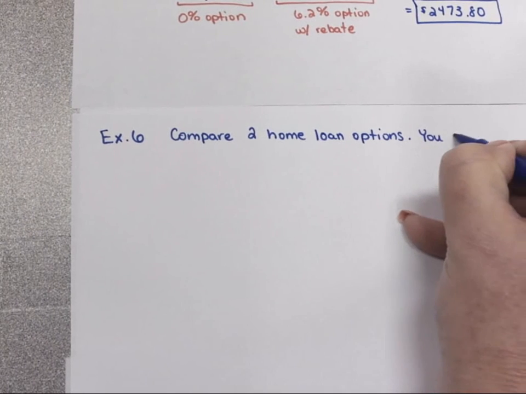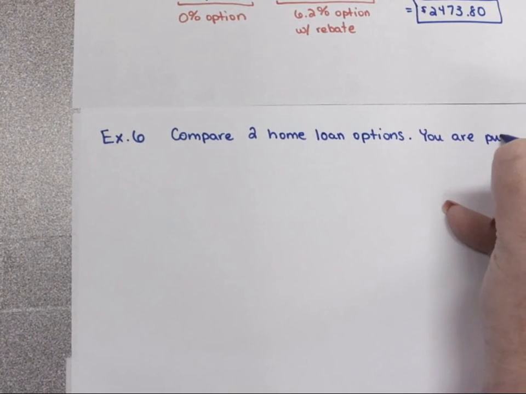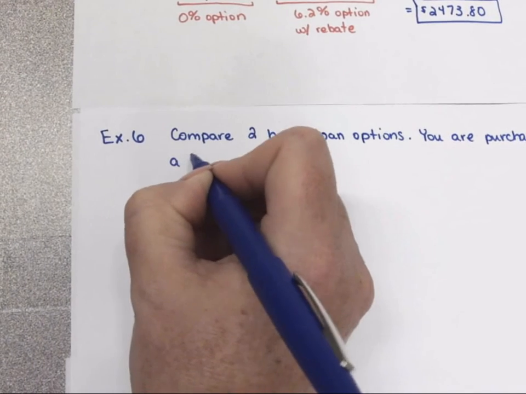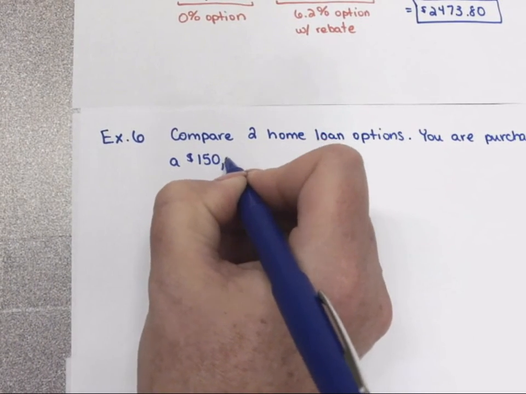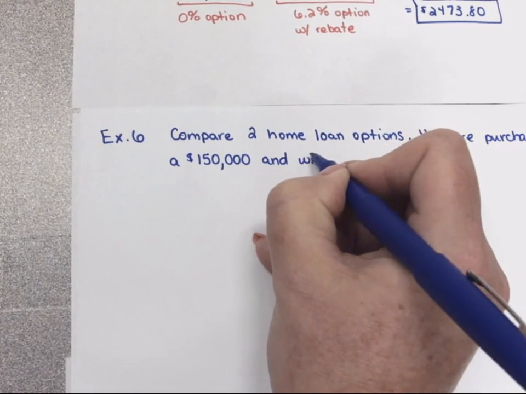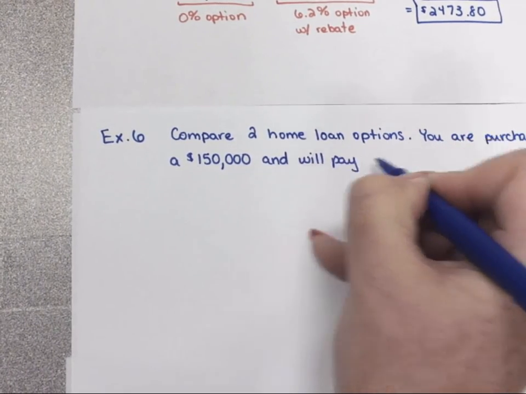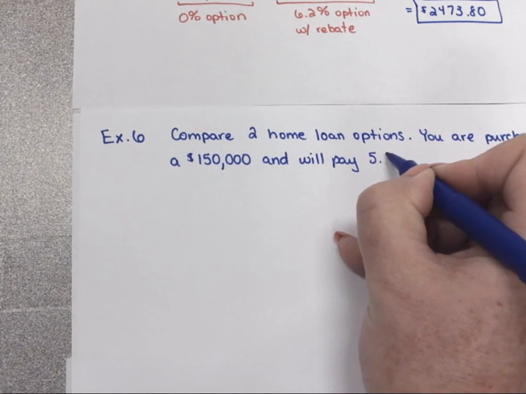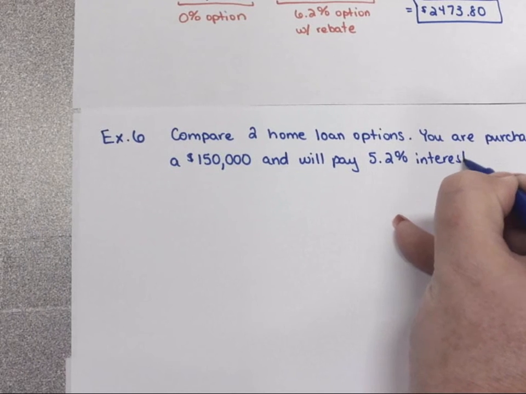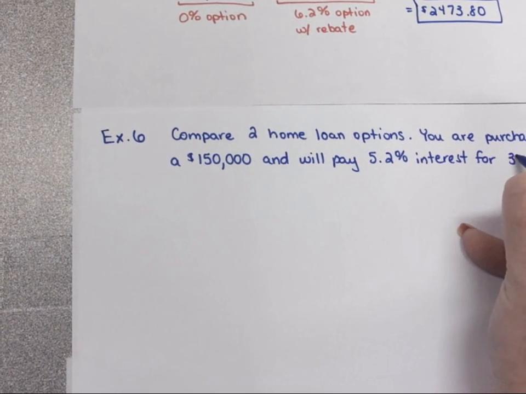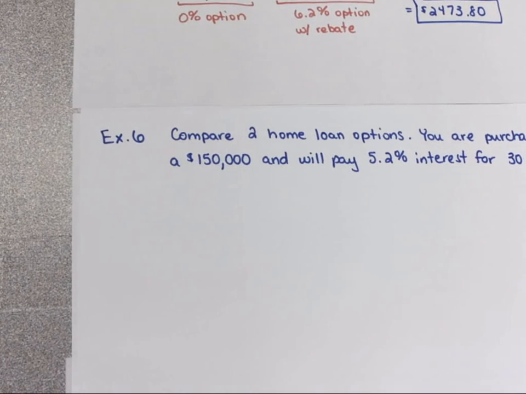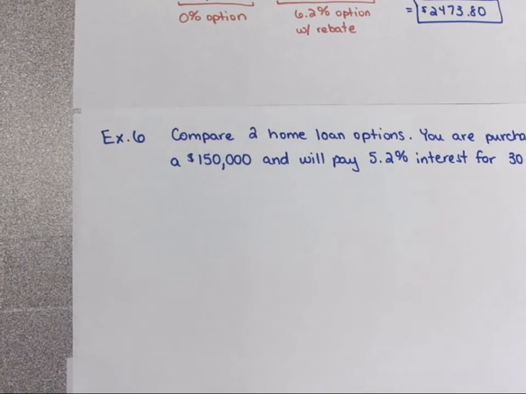So let's say that you are purchasing a $150,000 house and will pay, let's say, 5.2% interest for 30 years. Most home loans are typically 30 years. You can request fewer years if you want to.